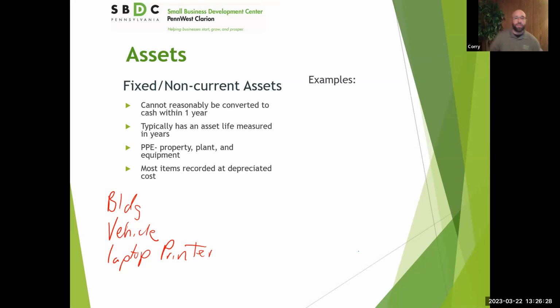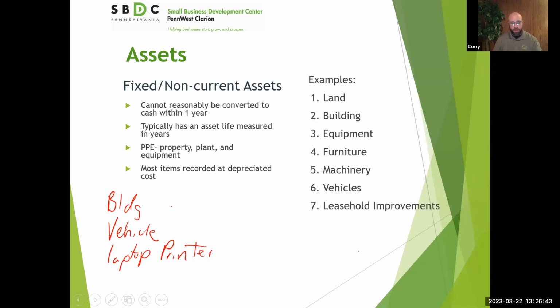Someone also mentioned accumulated depreciation. Thank you again. We'll talk about that in a little bit, and that shows up on the balance sheet under the fixed assets as well. So that is perfect. There you'll see a list of fixed assets. Some more that we didn't talk about are furniture and fixtures, machinery, and leasehold improvements, which can be fixed assets as well.